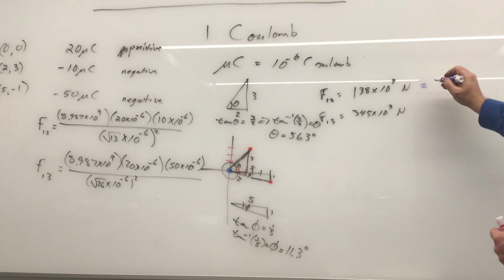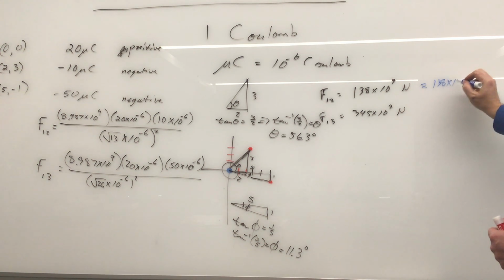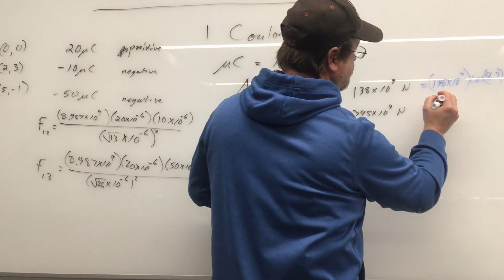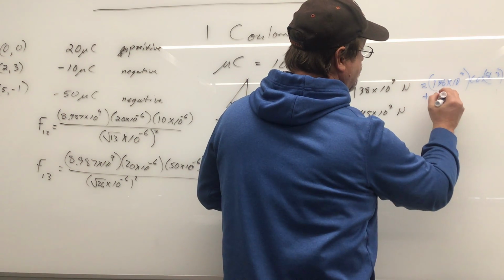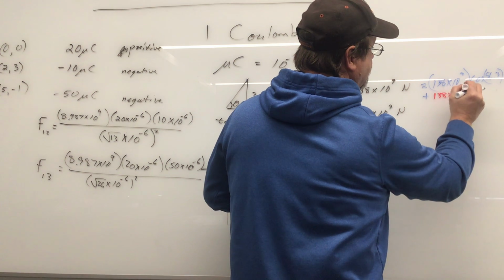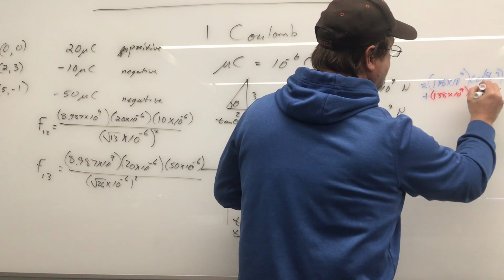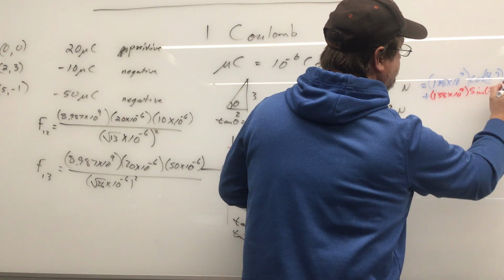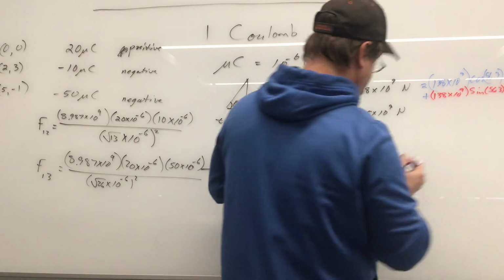So that is 138 times 10 to the 9 newtons times the cosine of 56.3 degrees. That's in, I talked about the i hat direction. And that's plus 138 times 10 to the 9 times the sine of 56.3 degrees in the j hat direction.